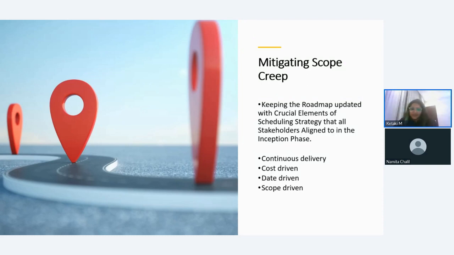We have a date-driven scheduling strategy here. It works well for agile, Scrum-based or Kanban-based life cycle models, so that the iterations are fixed, time-boxed, and it is date driven.